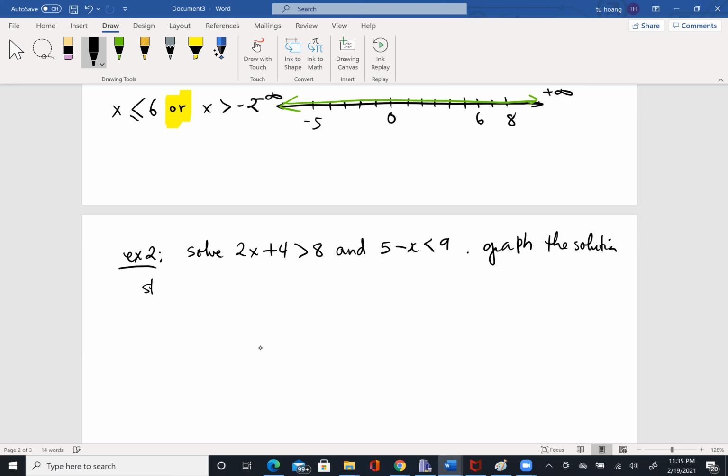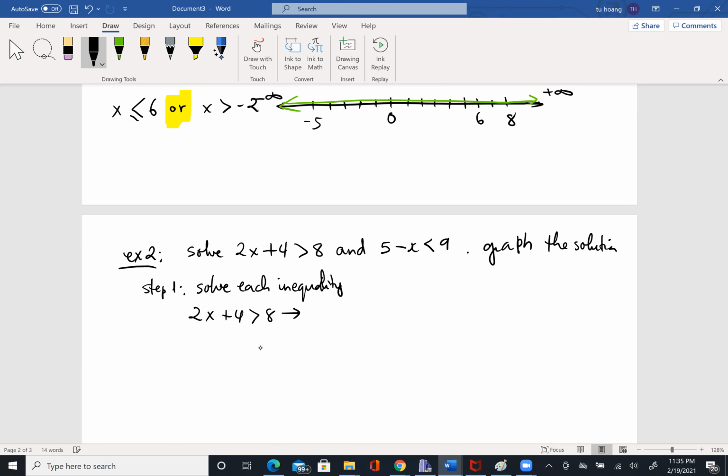So step 1, solve each inequality. I have 2x plus 4 greater than 8.